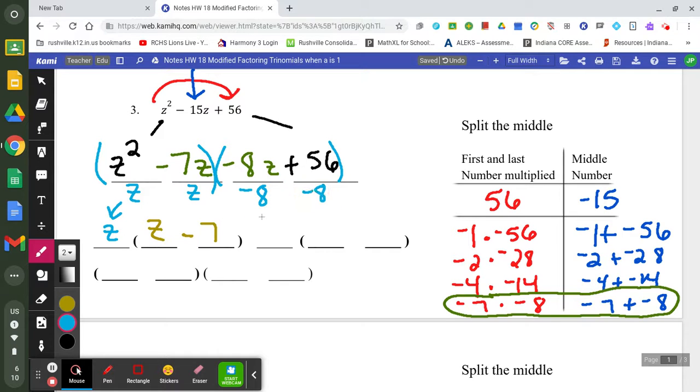Negative 8Z divided by negative 8 is Z. 56 divided by negative 8 is minus 7. So my parentheses match. So I have Z minus 7 times everything that's left, which is Z minus 8.